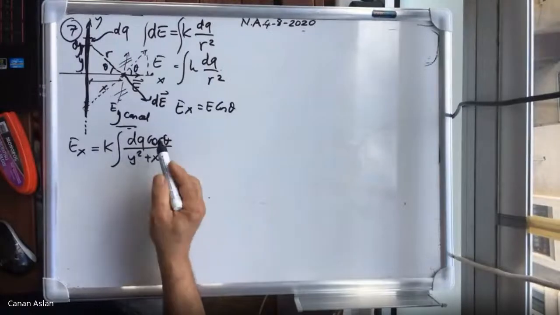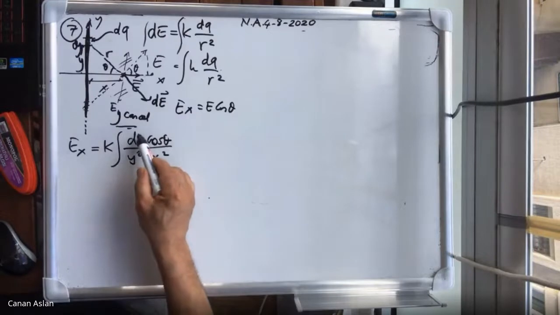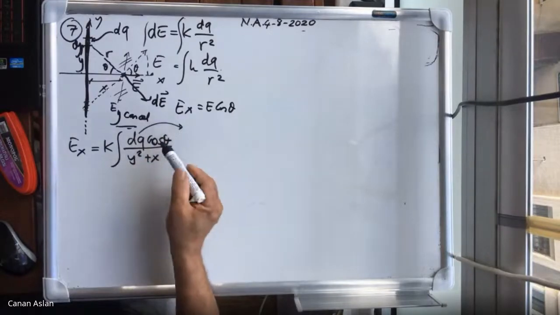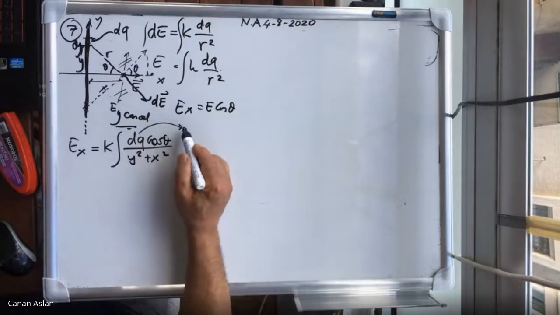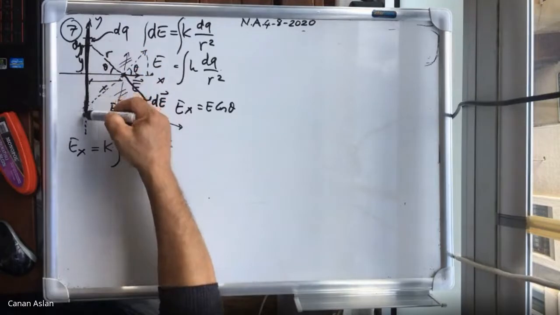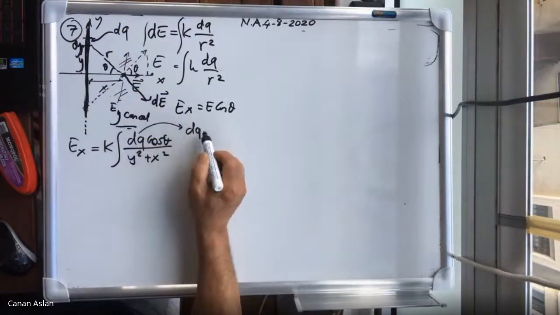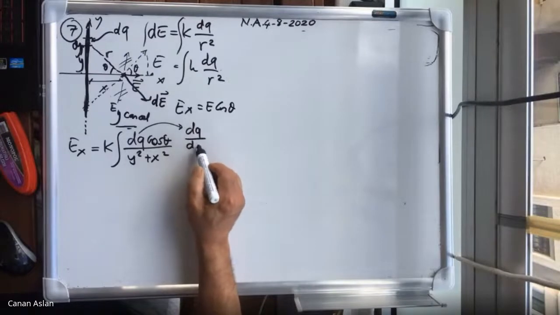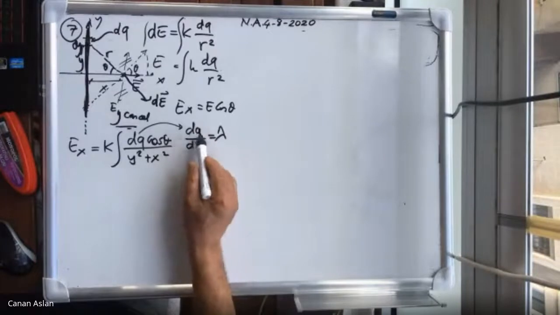Now dq should be handled because this is the charge integration, but we have to do the geometric thing because we are used to getting the integrals in terms of x, y, or something. In this case, it should be y because the charge is distributed along the cable in the y direction. Remember that dq over dy is given as lambda, so we can use dq as lambda dy.